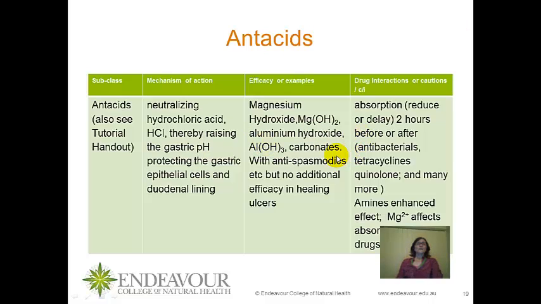There are those that are carbonates and produce carbon dioxide, as the carbonate neutralizes the hydrochloric acid. Some people get quite addicted to that burp because they know once they have burped, that relief from that reflux and burning will be happening soon.